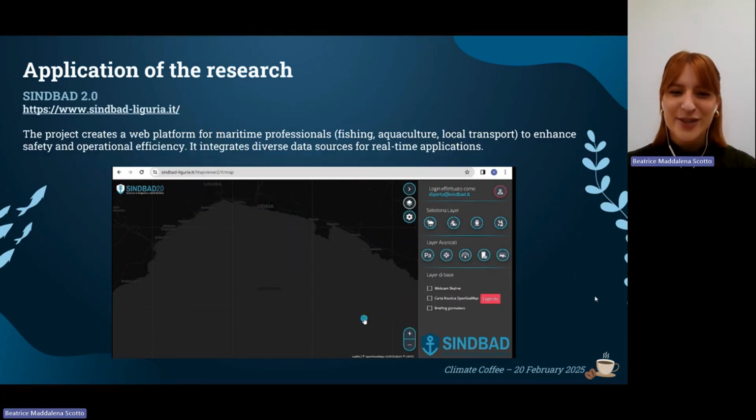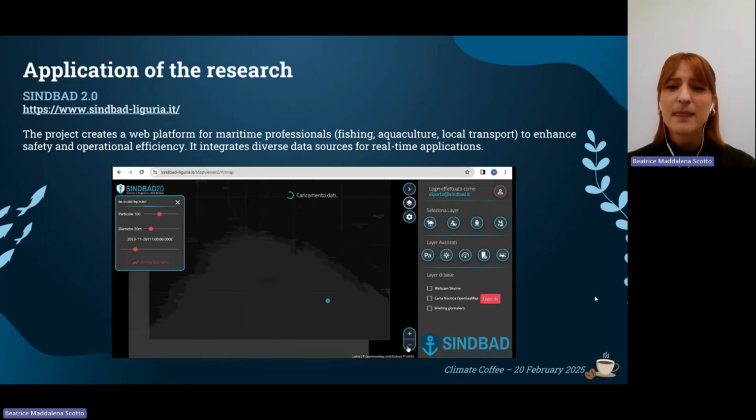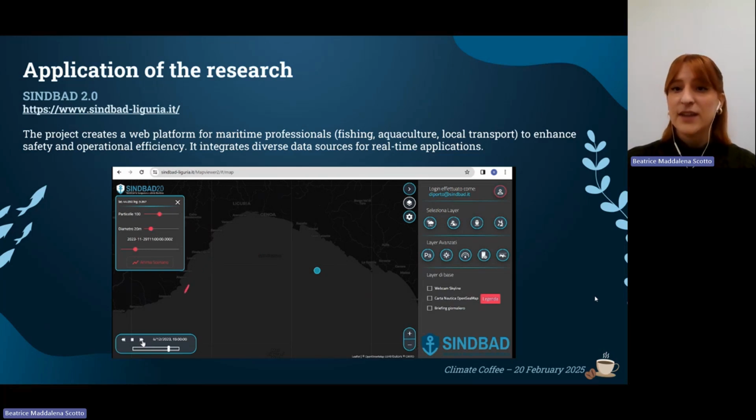So since my research is also in collaboration with ATT, part of my research has already been implemented in one of the tools that is developed by ATT, and the name is Simbad, which is a web platform for maritime professionals to improve the safety and operational efficiency.